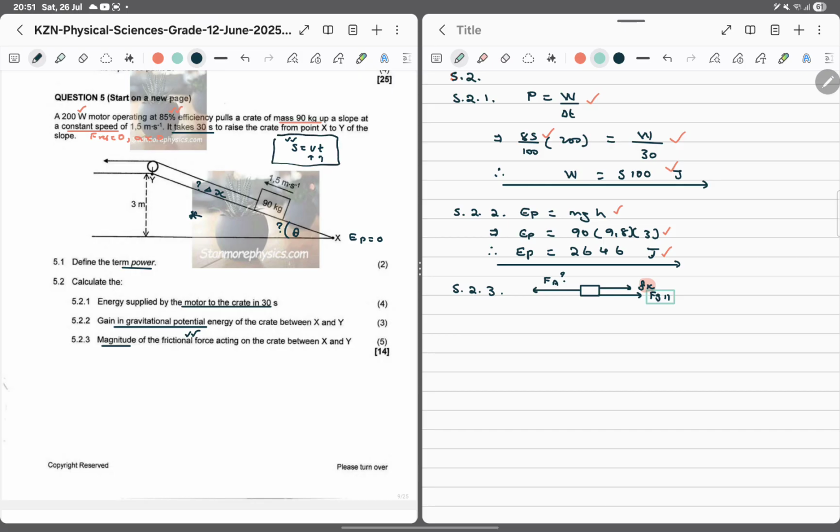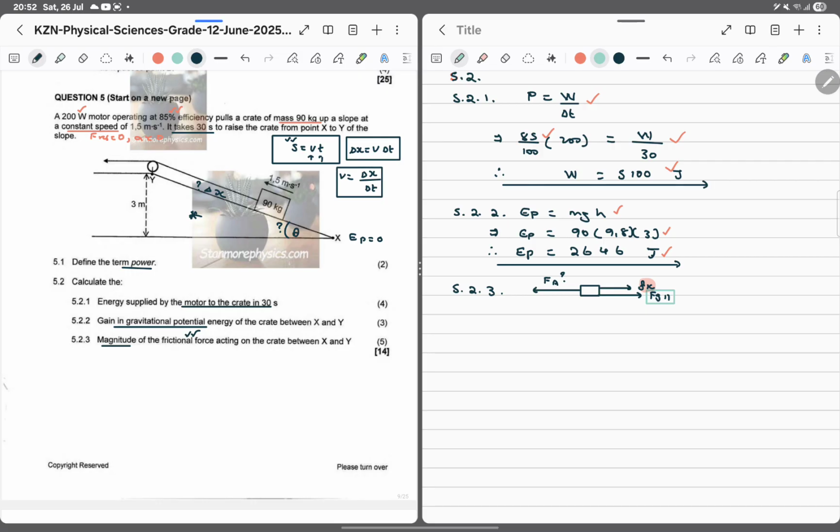By the way, you don't use this formula. I don't know why they moved away from it; it was nice and simplified the work. You guys use this one: delta x is equal to v delta t, or you can say velocity is the change in displacement over change in time.